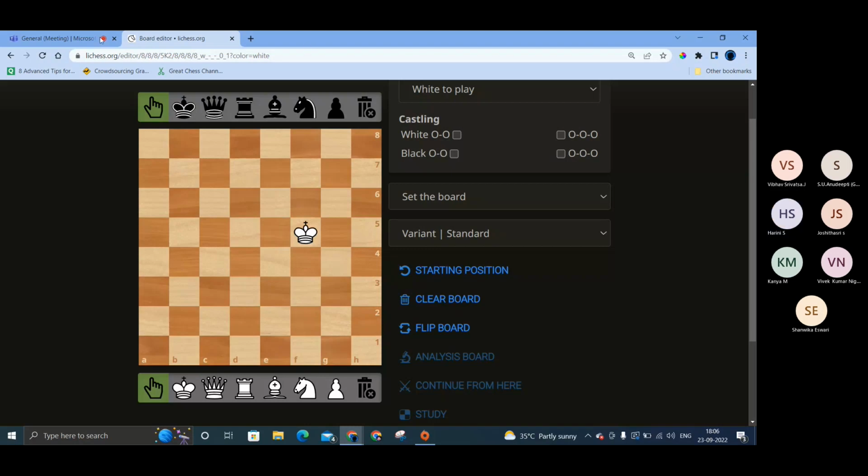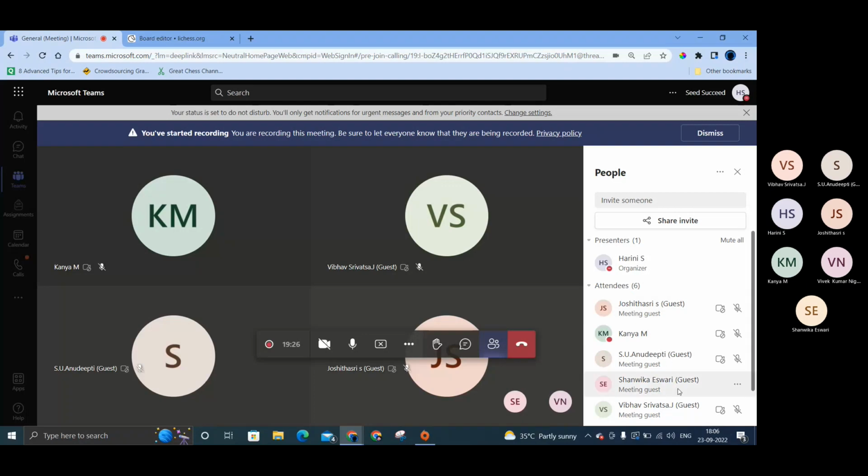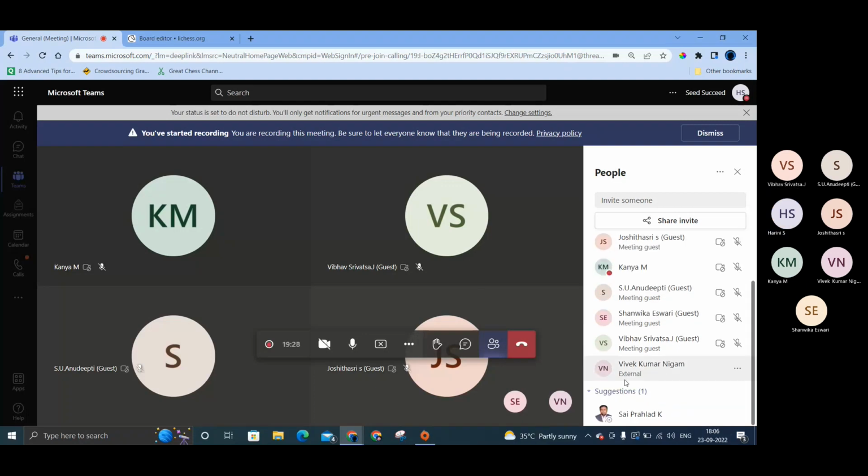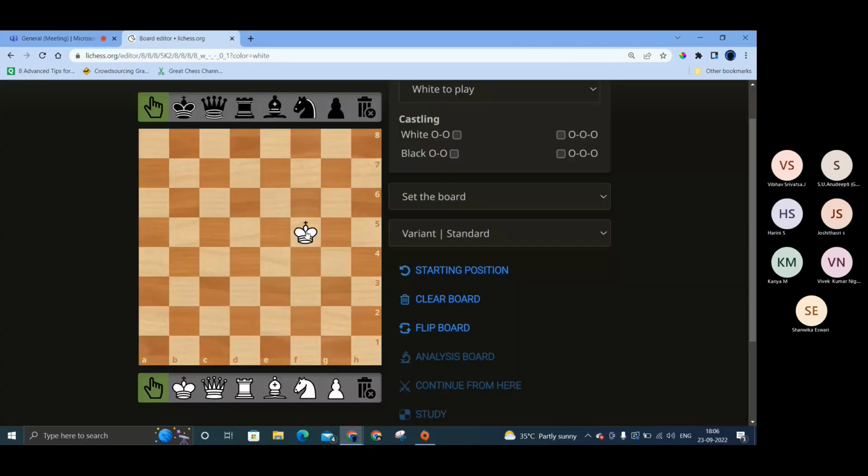Vardhan, right? So Vardhan, from here, where does the king move? Vardhan, are you there? F5. Yeah, it can move to F5.